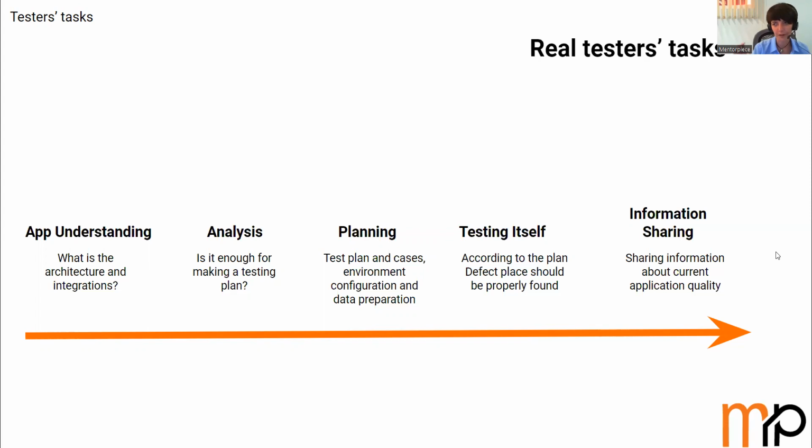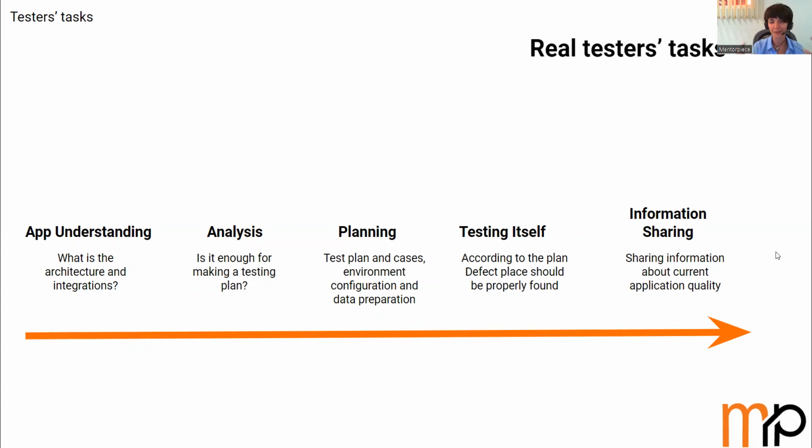So you have the information about the application, and you should first analyze it. What is the architecture of the application? What are the integrations of the application? What is this tip of the iceberg, what will the user observe from the user interface? And what about the underwater part? What about this 90%?